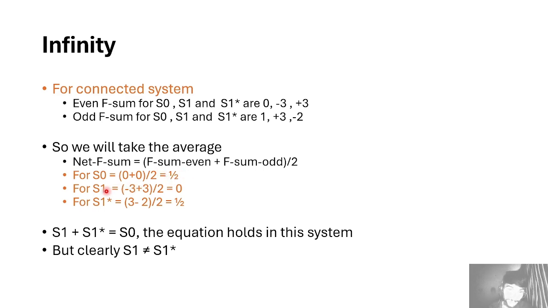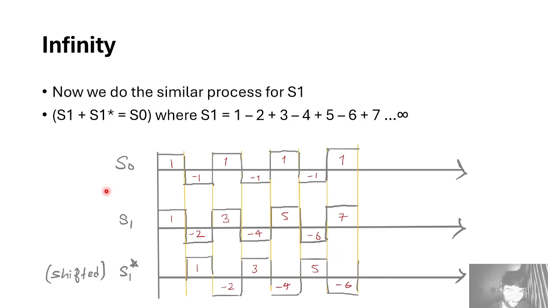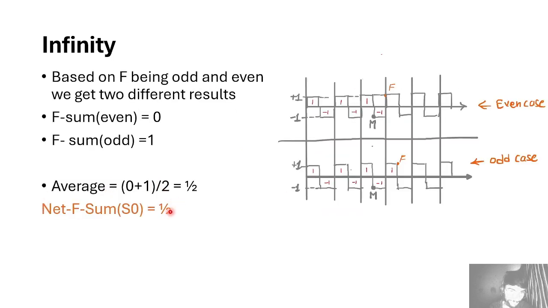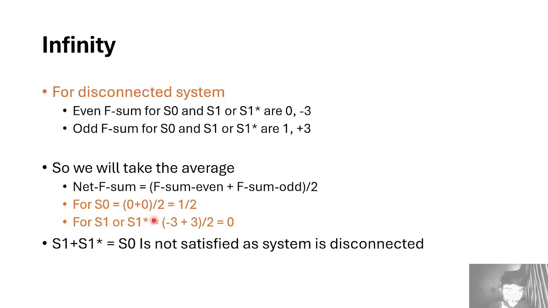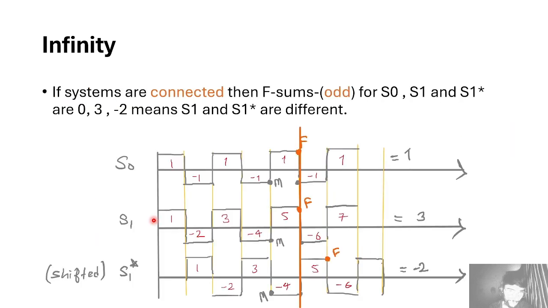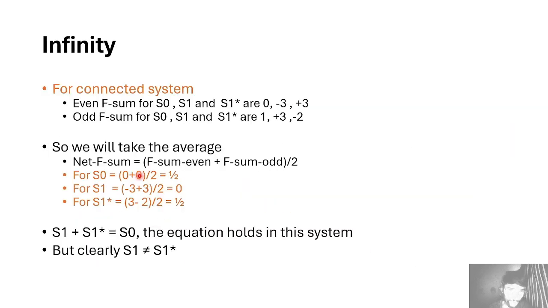In the connected system we saw this, right? This way we did get the f sum of S0 as 1 by 2. So the f sum of S0 indeed is 1 by 2. Now for S1 we'll get 0, and for S1 star we'll get 1 by 2, right?